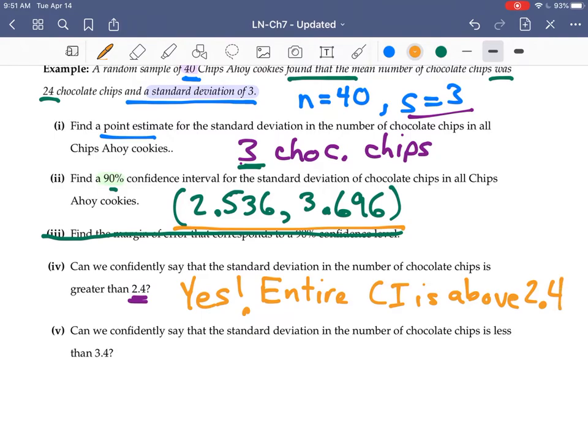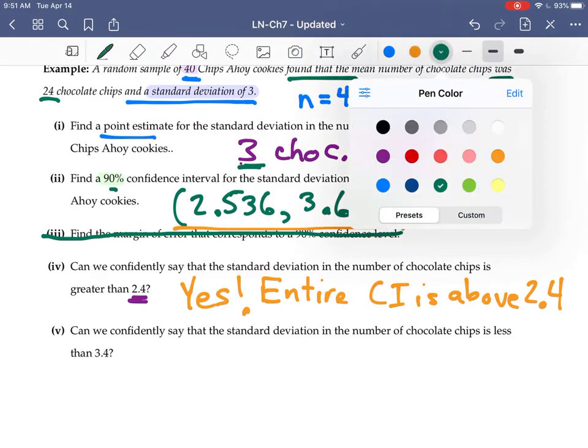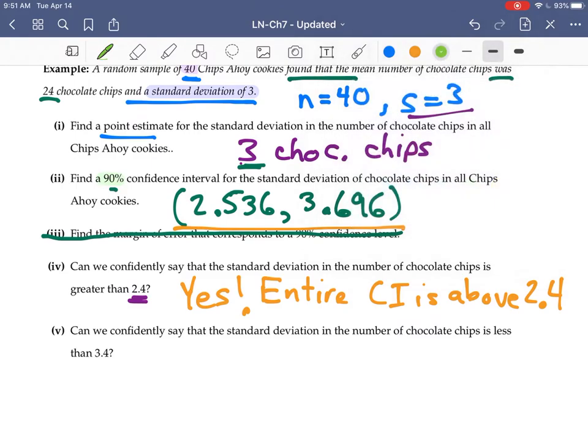Can we confidently say that the standard deviation in the number of chocolate chips is less than 3.4? No. Why not? 3.4 occurs somewhere in the midst of this confidence interval.